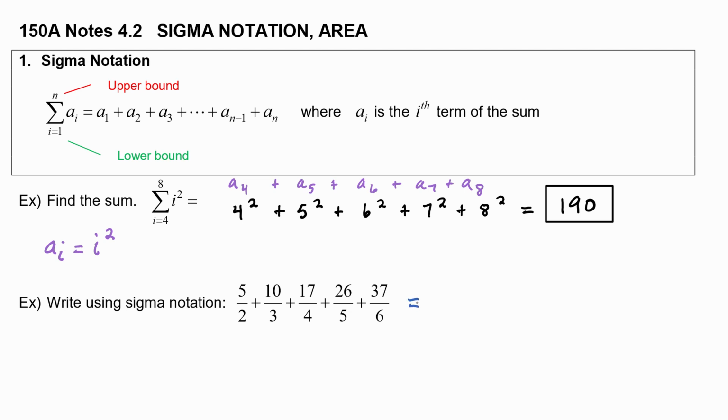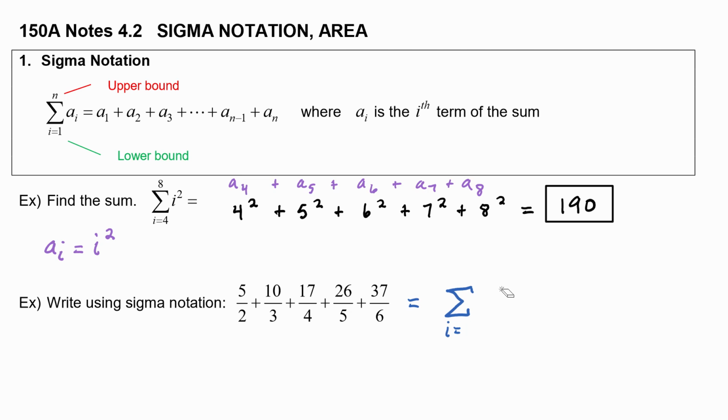So we know this will be some kind of summation, and it takes a little practice to get good at making the summation symbol. And it's going to be i equals whatever we decide the lower bound is to whatever we decide the upper bound is of whatever we decide the ith term is.